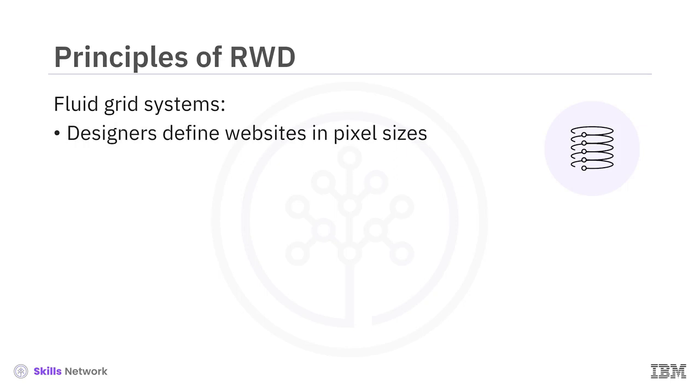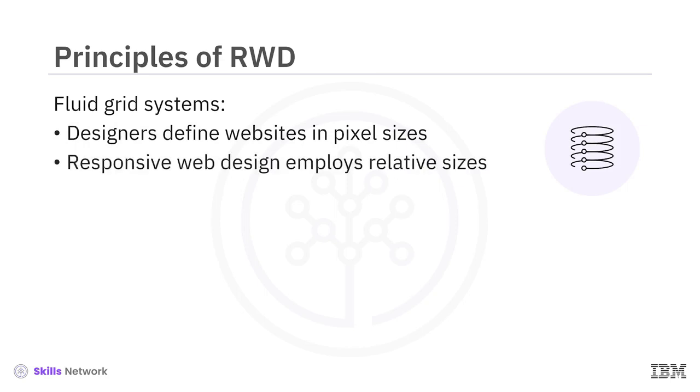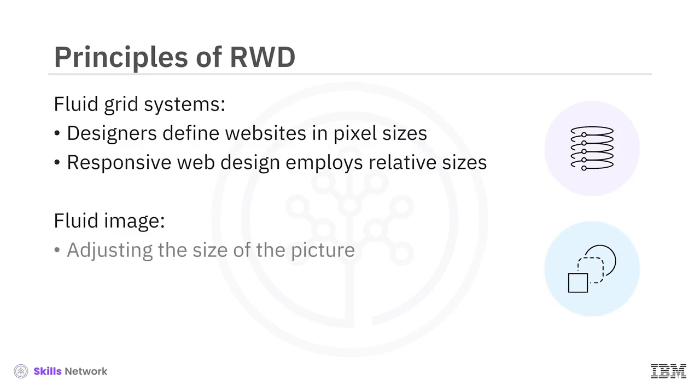As devices come in assorted sizes, the total size only works for responsive design. Therefore, responsive web design employs relative sizes. Nothing on a layout will be the same size when you use fluid grids to define a design using relative values, like percentages. This implies that you must adjust the size of your layout's picture.